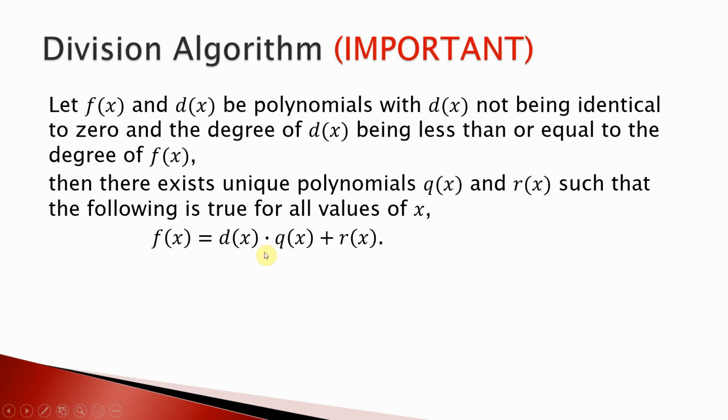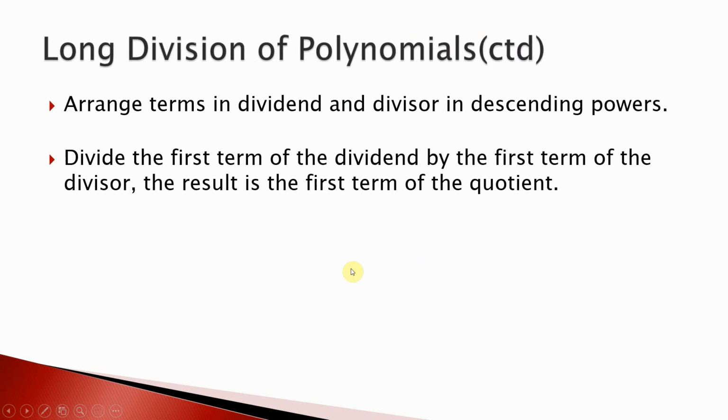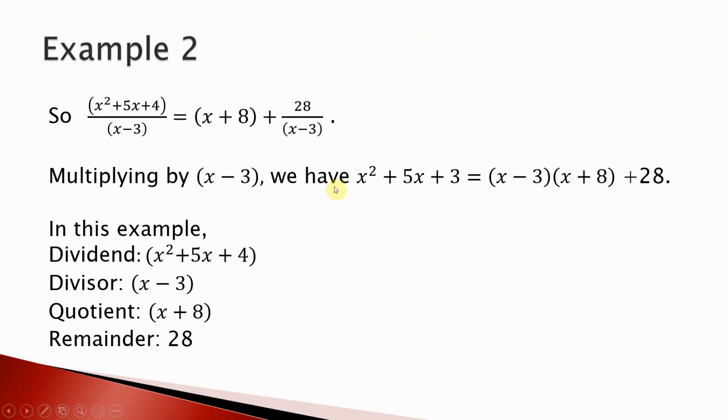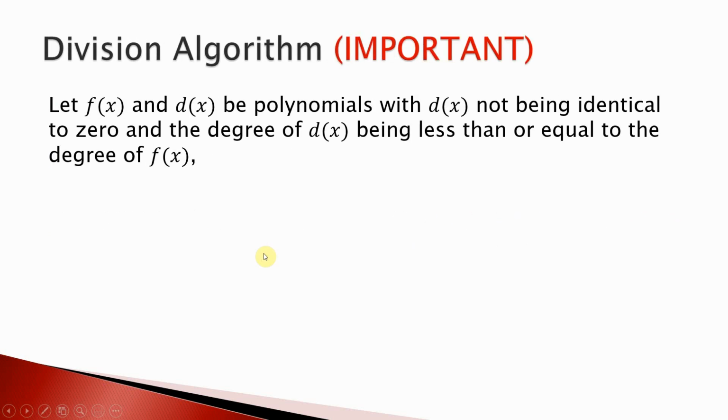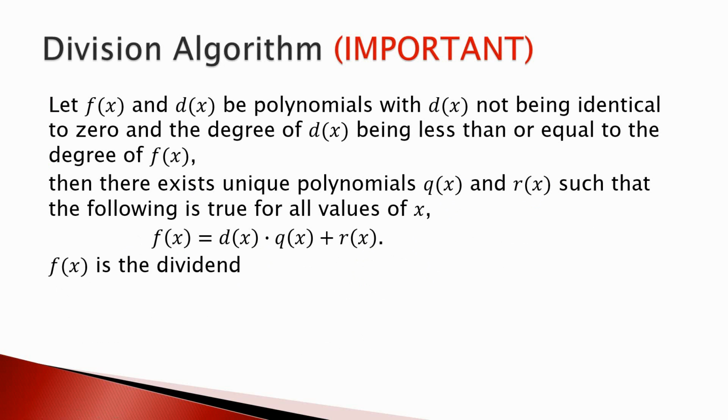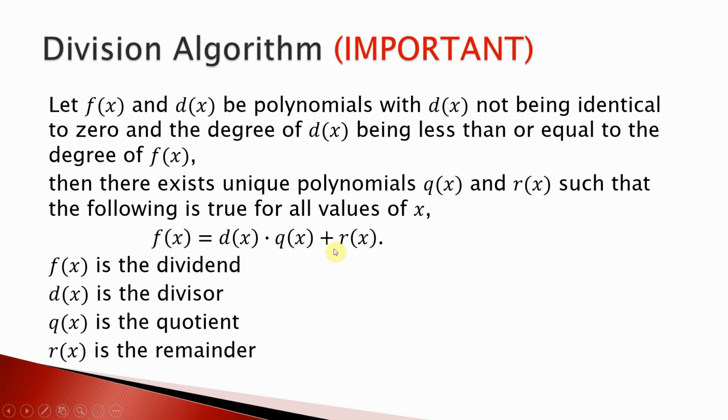So this is the same thing that we had earlier written in general notation, now written in a formal general way. This is the dividend, you divide it by the divisor, then you get the quotient and the remainder.